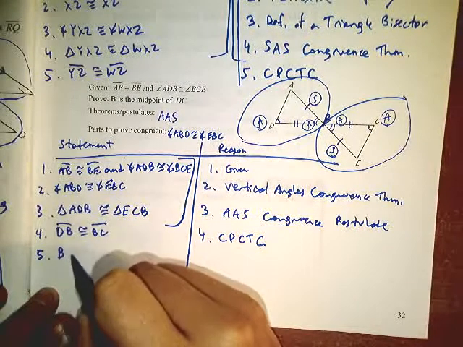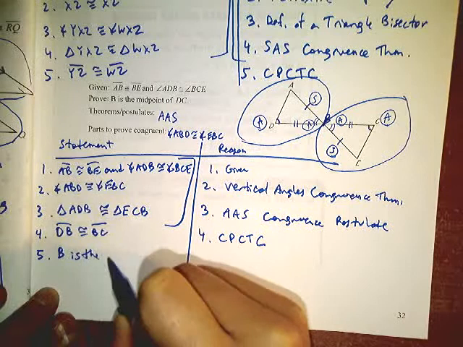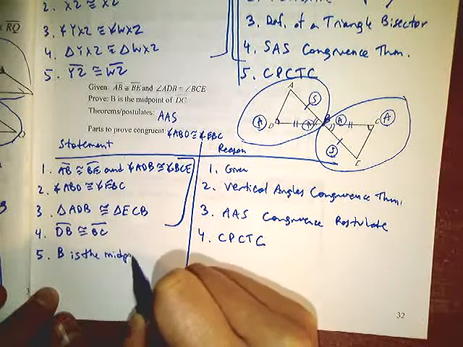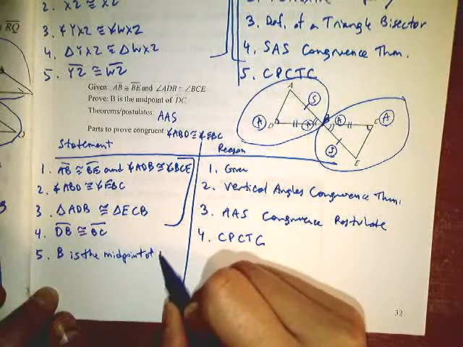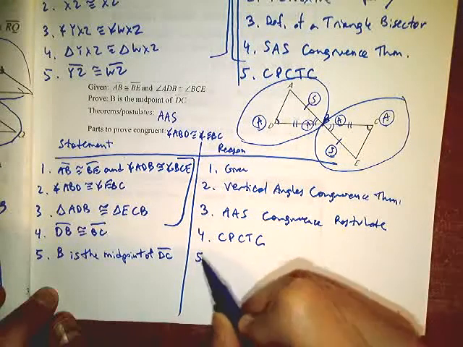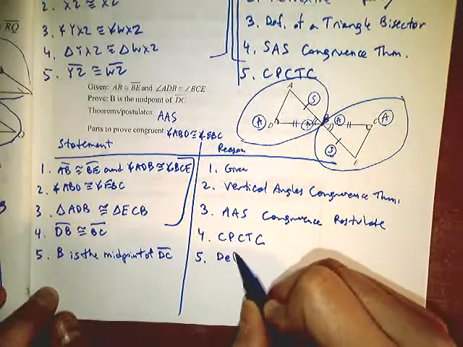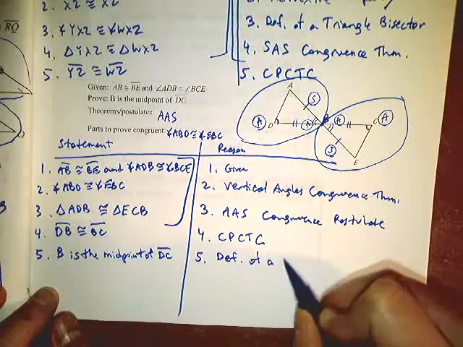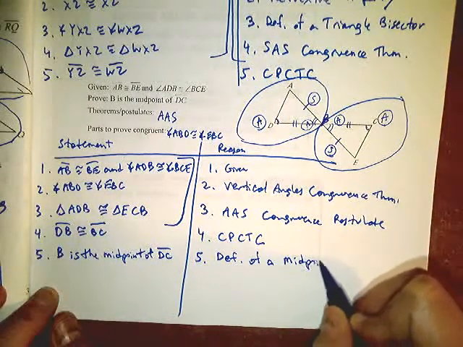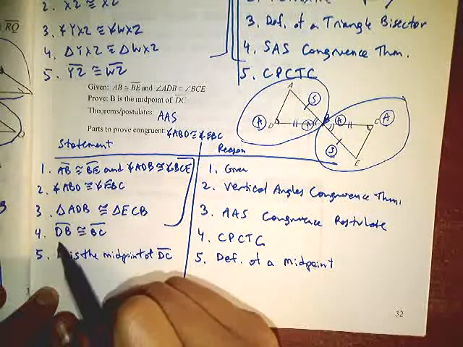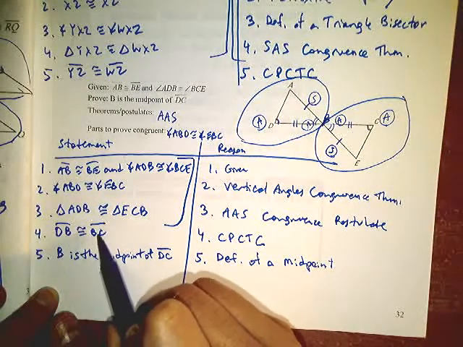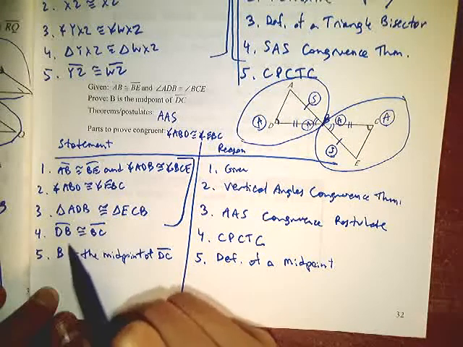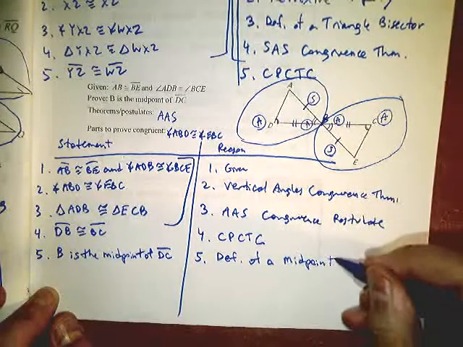So B is the midpoint of DC. That's based on the definition of a midpoint. When you have a straight line and you have two pieces on each side of a point in the middle that are equal in length, then that point in the middle, B, would have to be the midpoint.